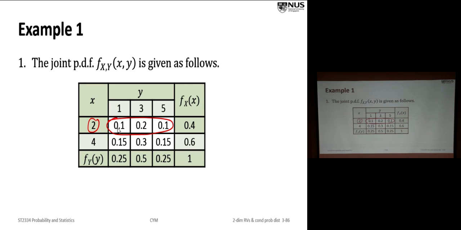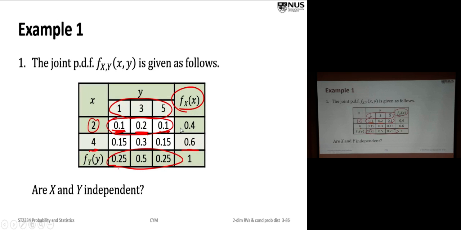So x equal to 2, y equal to 1 is 0.1, x equal to 2, y equal to 3, the probability is 0.2, and so on. So the marginal of x is 0.4 when x equal to 2, and 0.6 when x equal to 4. Similarly, the marginal of y is given by this. When y equal to 1, the probability is 0.25, y equal to 3, the probability is 0.5, and y equal to 5, the probability is 0.25. So this is the joint PDF, and we work out the marginals as well.